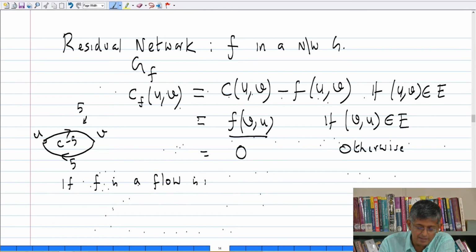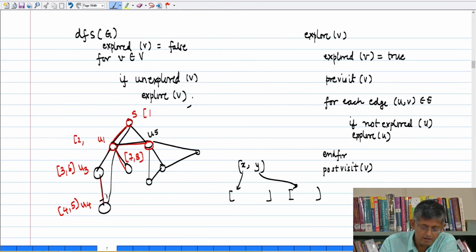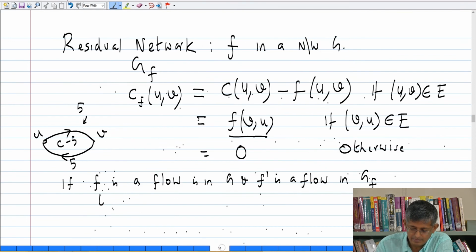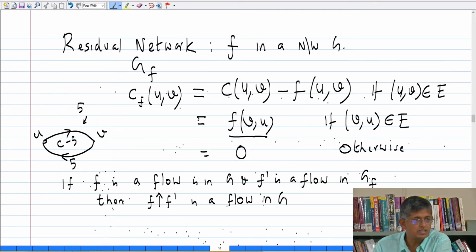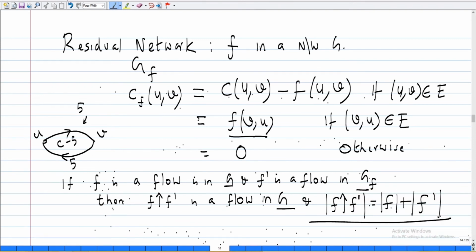If F is a flow in G and F prime is a flow in G_F, then F augmented by F prime is a flow in G. This is the measure of progress that we are going to see, that the Ford-Fulkerson template will, superficially speaking, keep improving the flow.